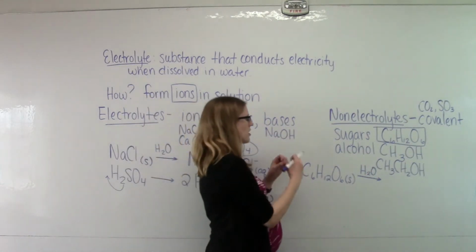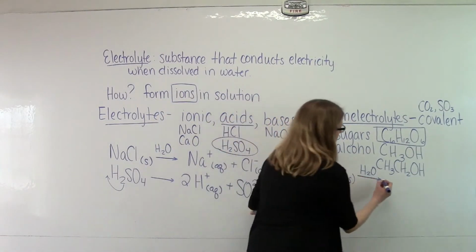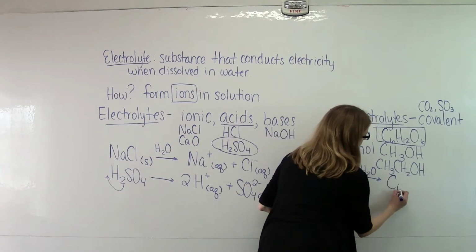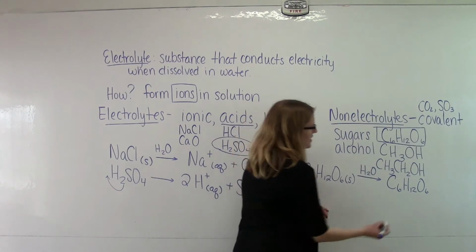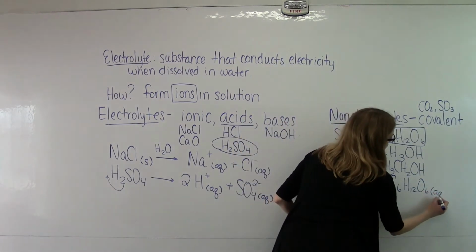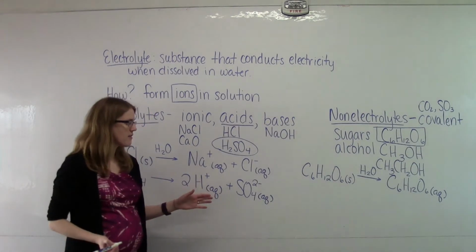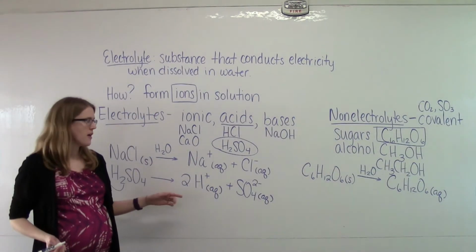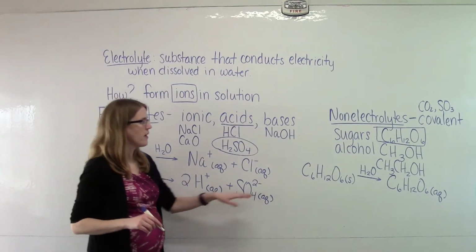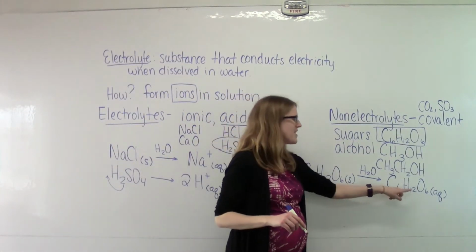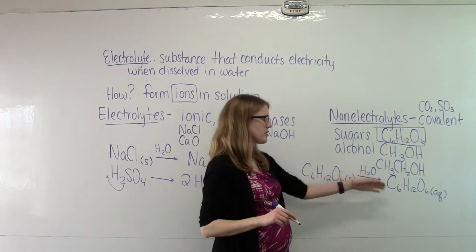Do we split this apart into carbon, hydrogen, and oxygen ions? No. Why? Because it is covalent. So it's going to look like this: C6H12O6, but now it's dissolved in water, aqueous. Do you see the big difference there? They both dissolve in water, but these form ions in solution, therefore conducting electricity. This still dissolves in water, but it doesn't break apart into its ions.